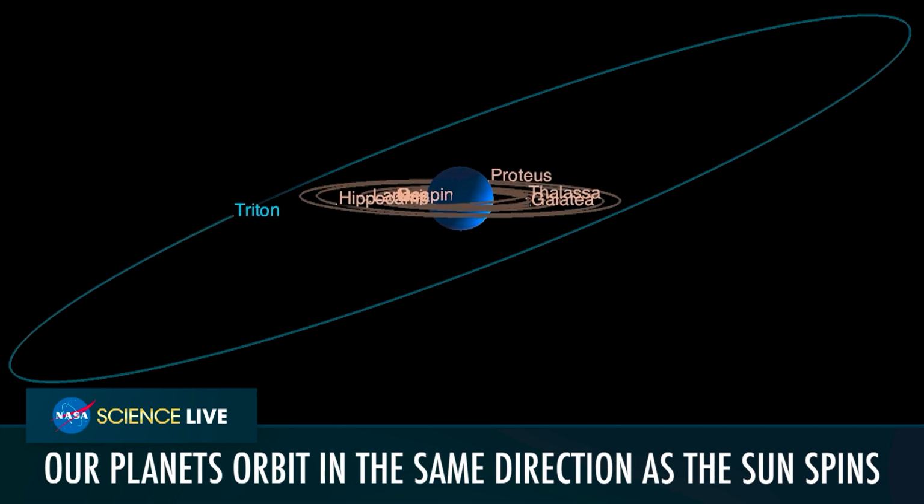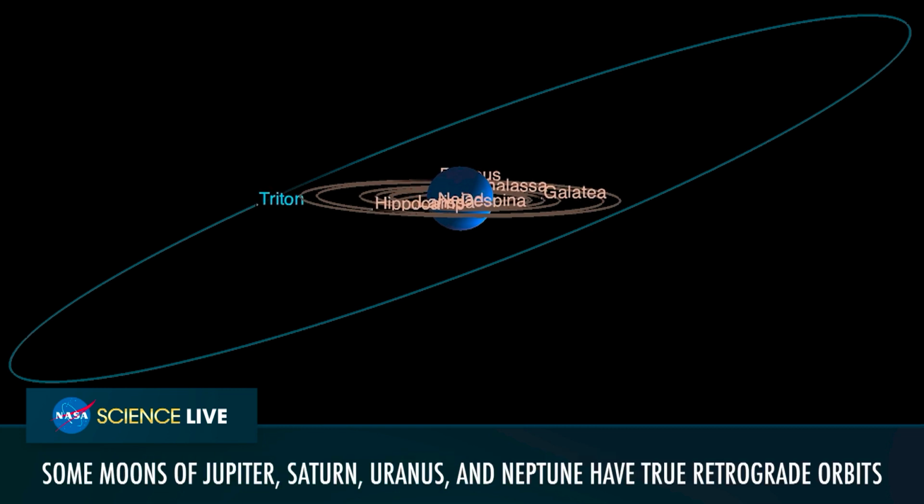One thing that we think is that this capture of Triton ended up really wrecking the original population of inner moons that Neptune had. So you see here that Neptune has 7 inner moons. We don't think this is the original population.